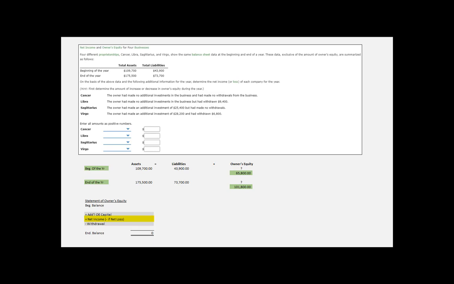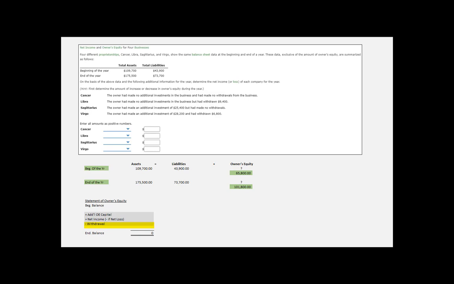Again, think of owner's equity as ownership, right? If the business operates and functions well, the net income at the end of the current period would help to increase equity or ownership. Otherwise, a net loss decreases owner's equity. Now, the third and final component of owner's equity is withdrawal, which is the opposite of capital.